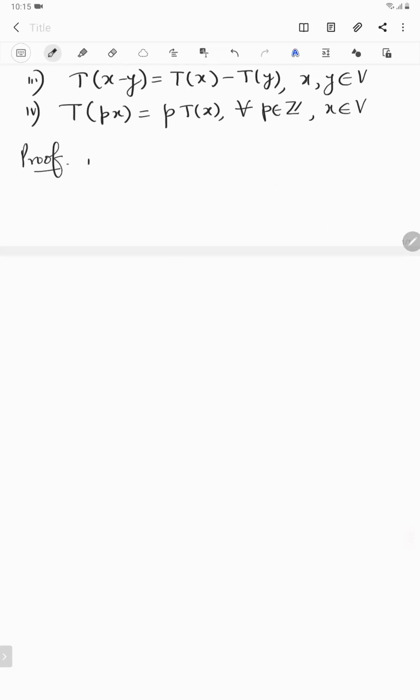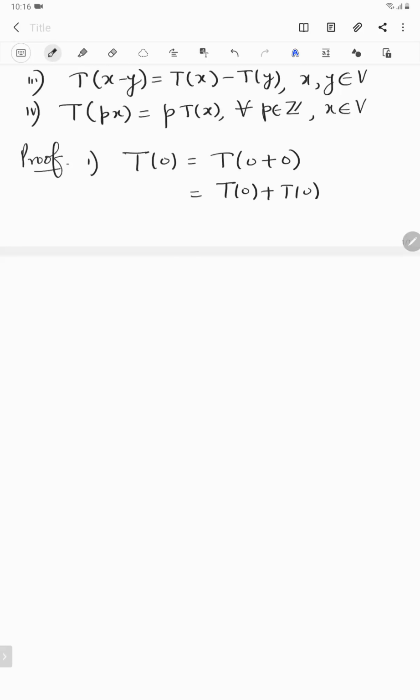First, consider T of 0. We can write it as T of 0 plus 0, because 0 plus 0 equals 0. Applying the definition of T to the right side, we get T of 0 plus T of 0.